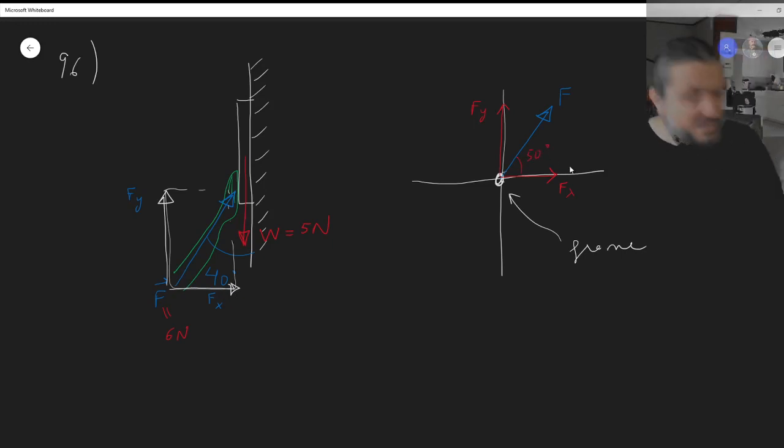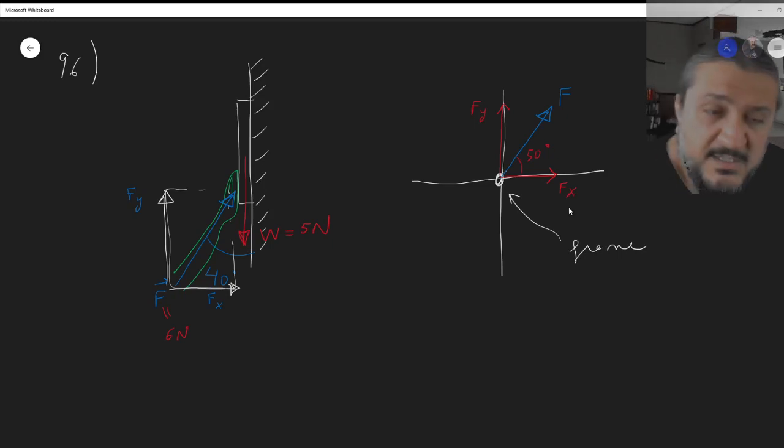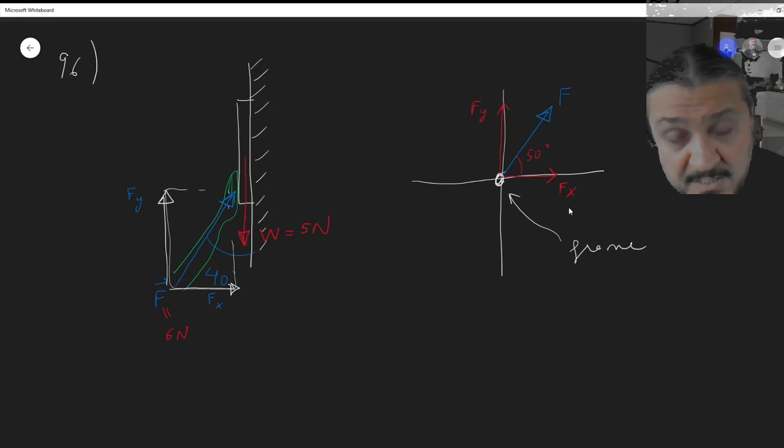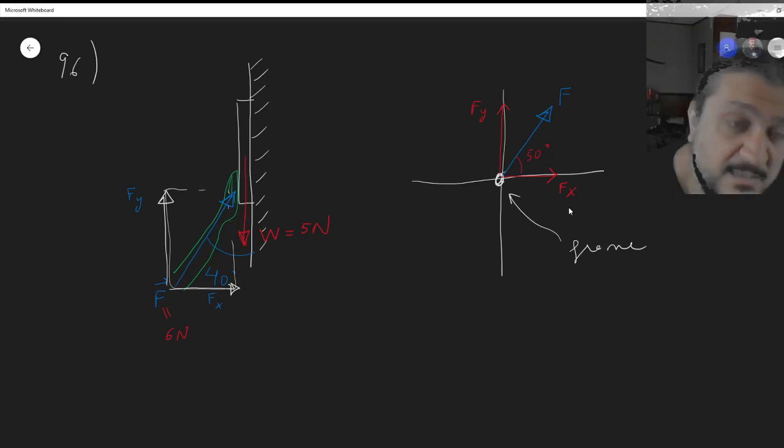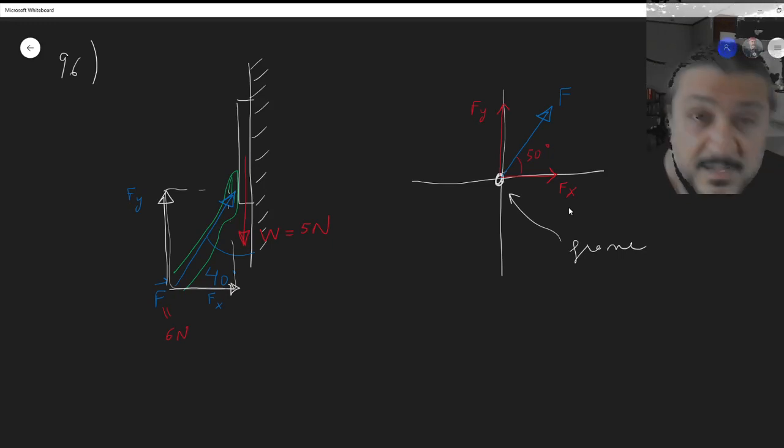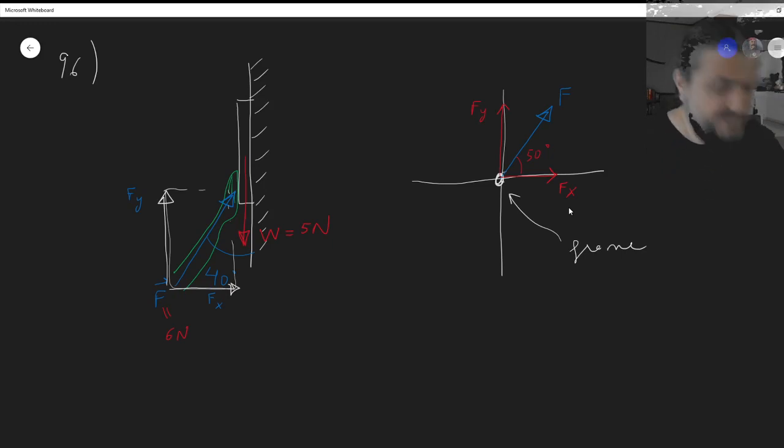So what they mean by the normal force is nothing but Fx. That's the normal force you exert on the frame, not the normal force between the frame and the wall. That's a different story.